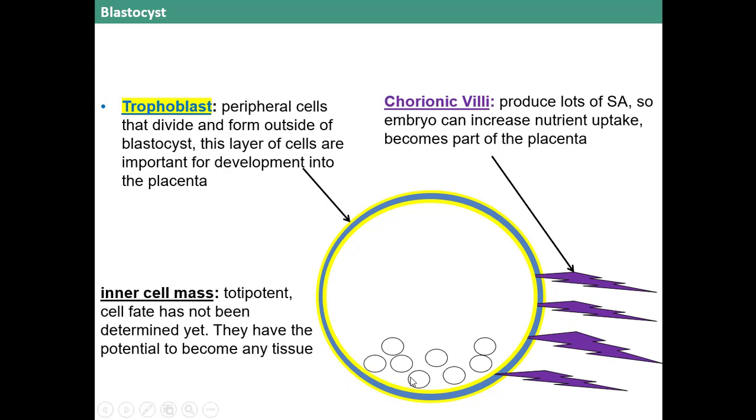Now this inner cell mass of about 20 to 30 cells are not yet differentiated. They have the potential to become virtually anything in the body. And it is these inner cell mass cells, sometimes called ICM cells, that are going to be especially valuable. These are sometimes referred to as embryonic stem cells because they've yet to differentiate.